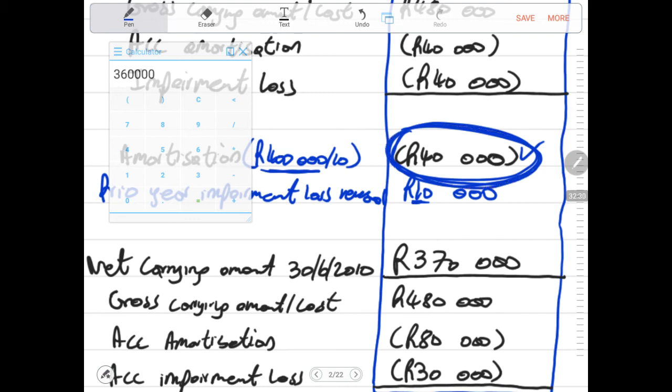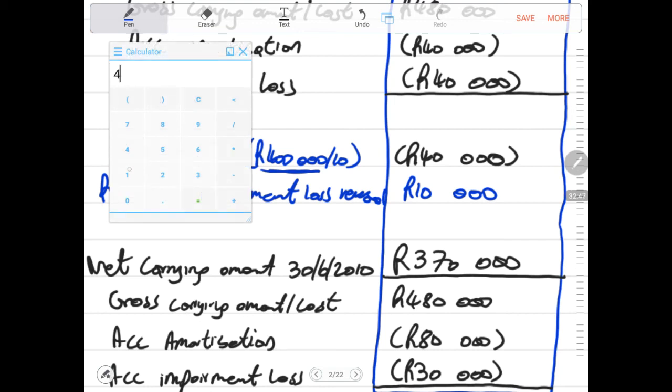So now we say the carrying amount minus the amortization after the change in estimate. We don't use the normal cost, but we use the carrying amount, and we minus the amortization of the change in estimate. So we say 400,000 rands minus 40,000 rands.